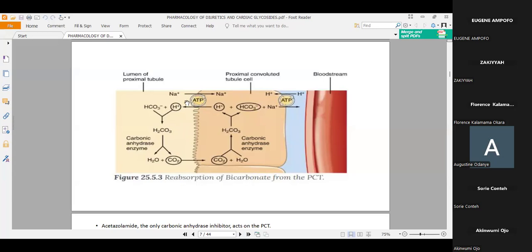It's accentuated by the sodium hydrogen exchanger. So after dissociation of the ions, it transports the sodium and hydrogen ions into the tubular cells, just as I explained earlier.